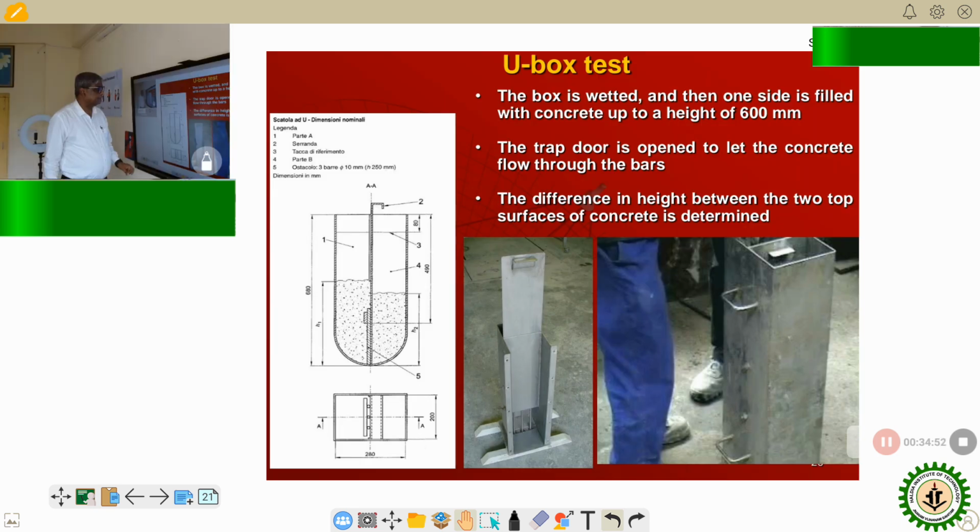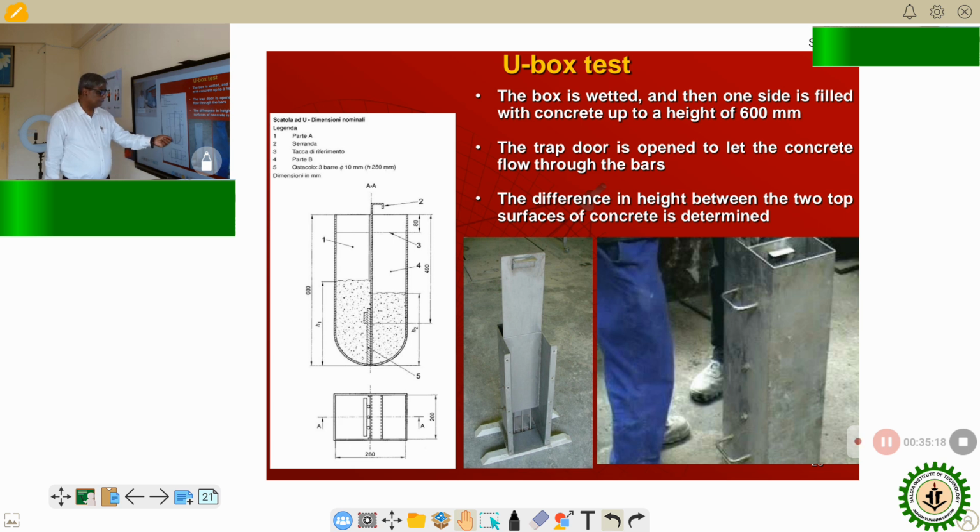Now you see, this is another test, the U-box test. There is just a U-box and there is a separator here. So you fill in the concrete here, you fill some concrete here, right?